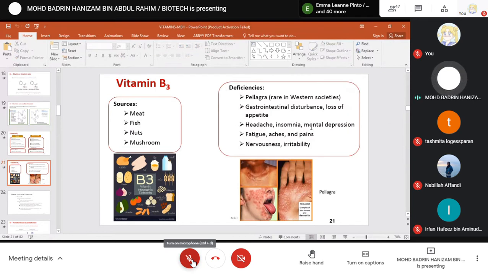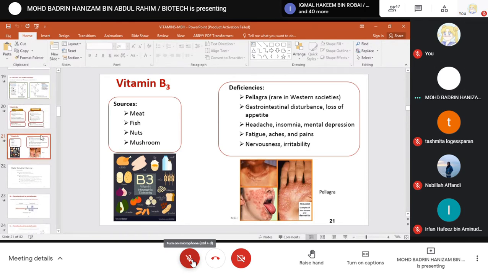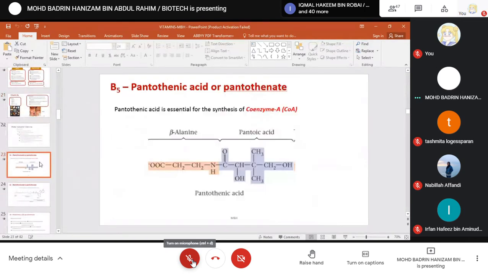Also insomnia, mental depression, fatigue, of course, when you don't have enough energy, muscle ache and muscle pain, nervousness, and irritability. So this is how pellagra looks.